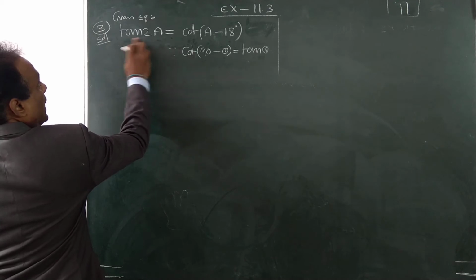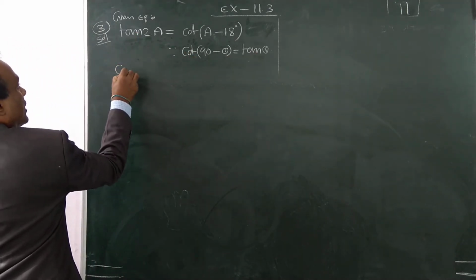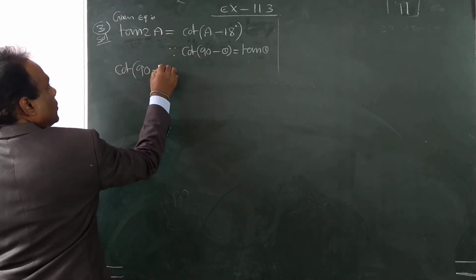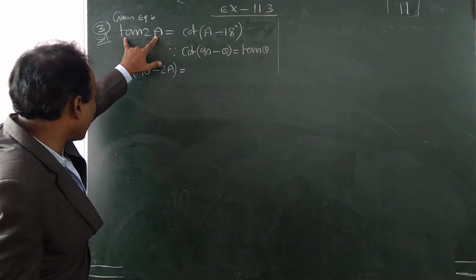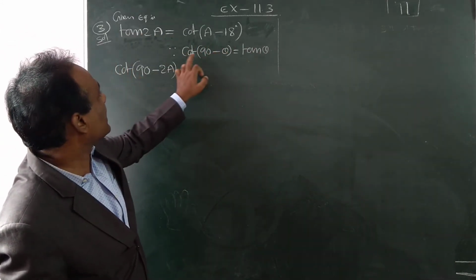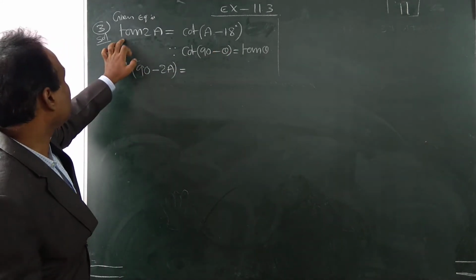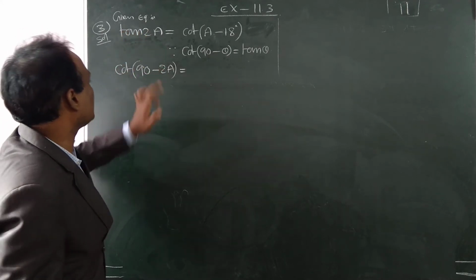So tan 2a is equal to cot, I am writing tan theta as cot 90 minus theta, with 2a here. Tan theta is changed to cot 90 minus theta.